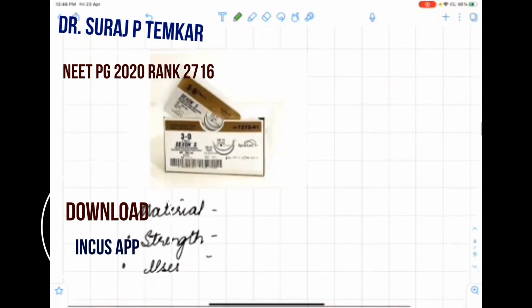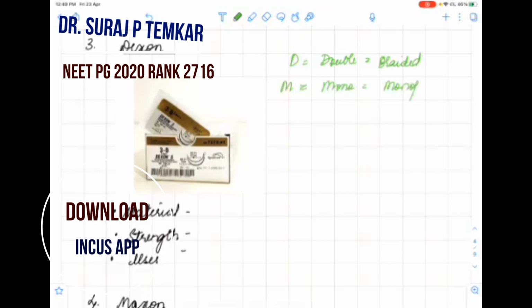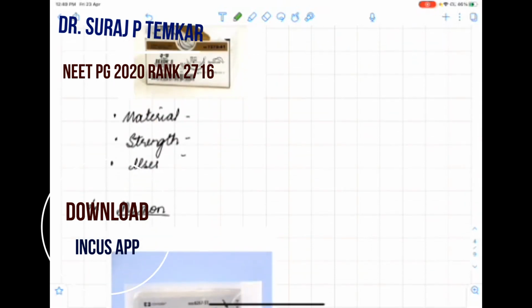Next is Dexon. Dexon, I usually remember it as D double, that is braided. Maxon M, that is mono, that is monofilament. Dexon is made of polyglycolic acid.